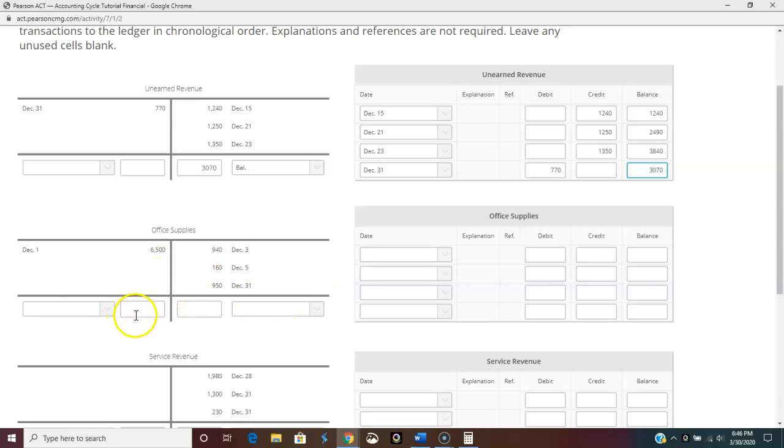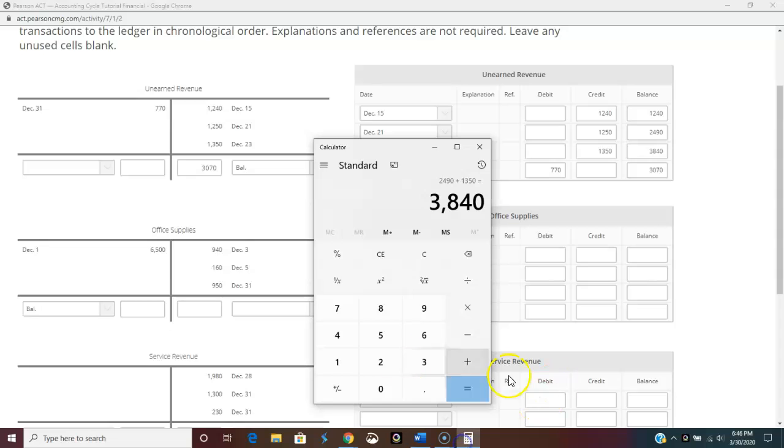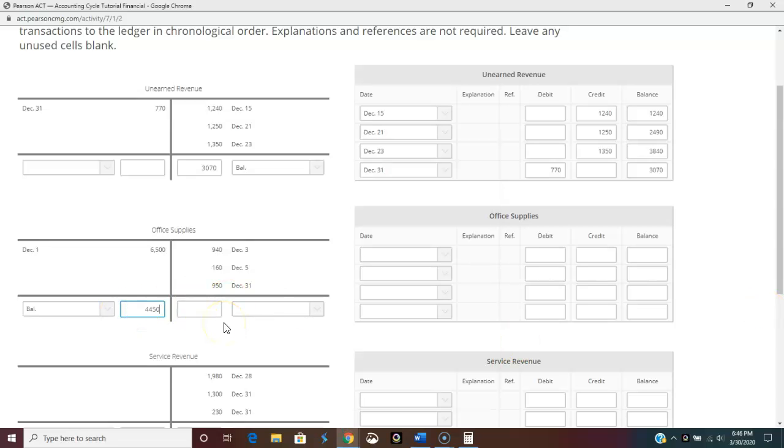Office supplies should have a debit balance, so we're going to do 6,500 minus the 940, minus 160, and minus 950. Should be 4450.